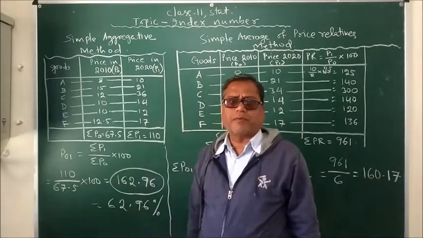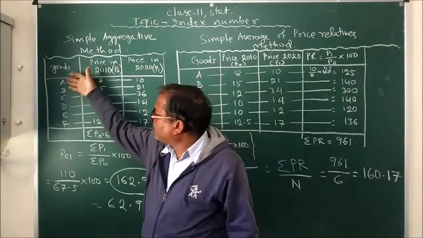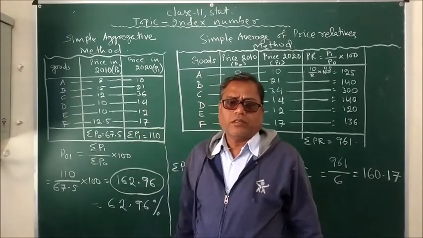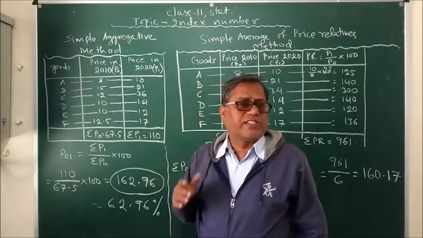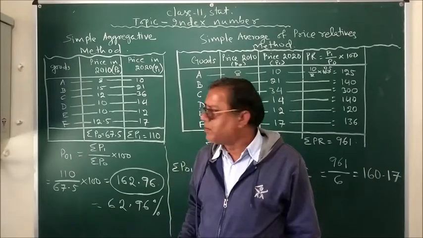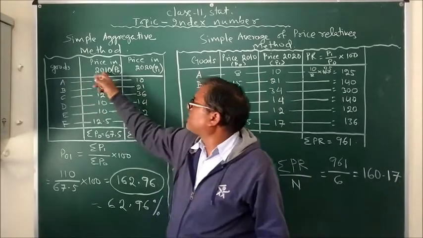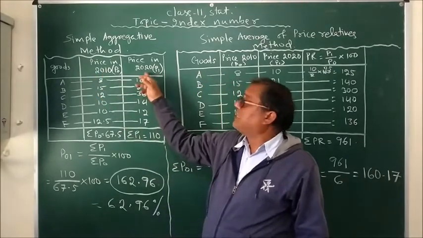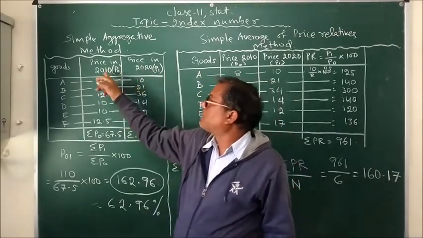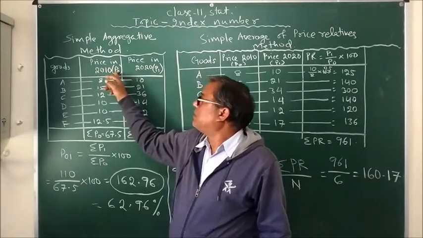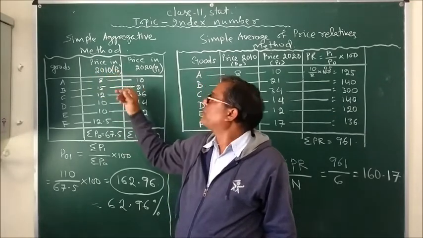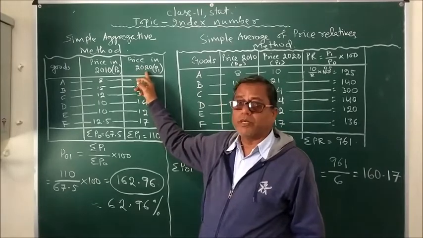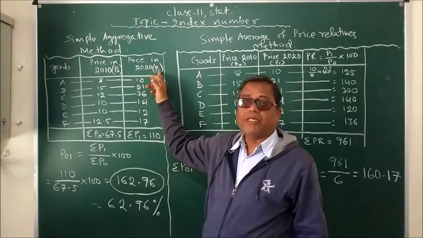Suppose in the construction of our index number we have taken six goods, A, B, C, D, E, F, and their prices in 2010 and 2020. 2010 is the base year, represented by P0, and 2020 is the current year, represented by P1.